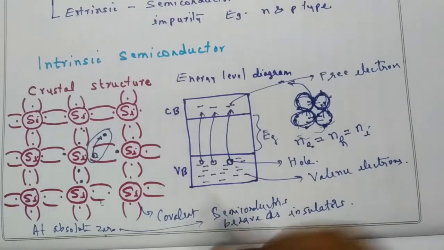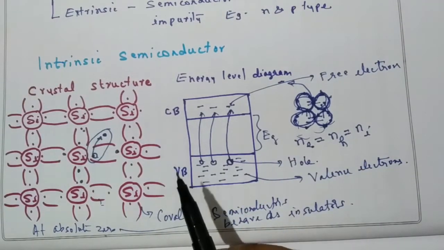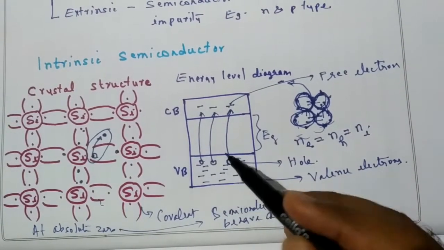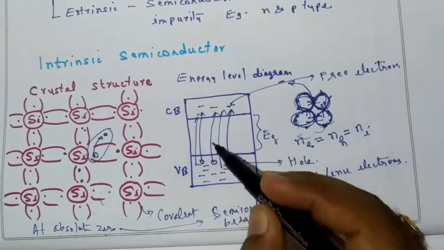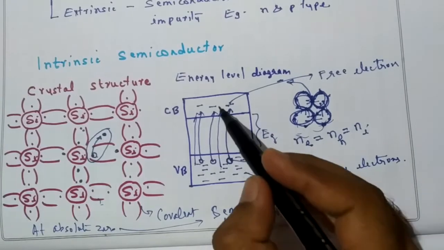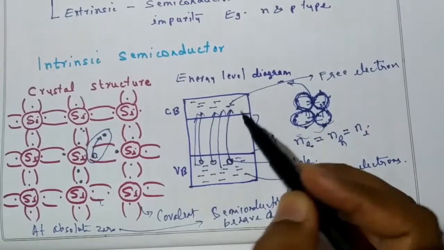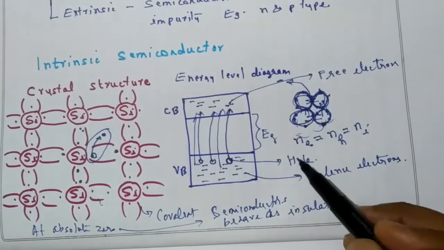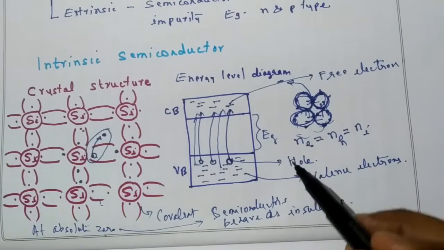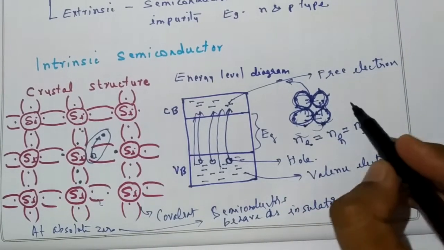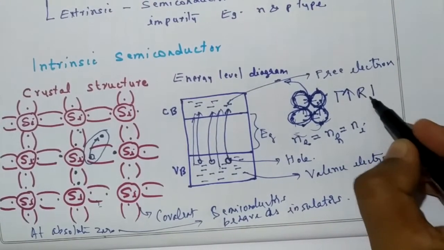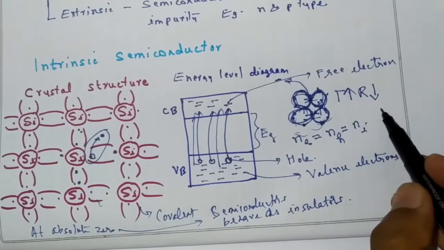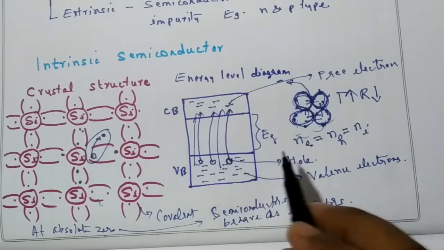Now as the temperature is raised, what happens? More and more electrons acquire energy and more electrons go from the valence band to the conduction band. And when the number of electrons in the conduction band increases, the conductivity also increases. So as the temperature is raised, conductivity increases and the resistivity or the resistance of the semiconductor decreases.